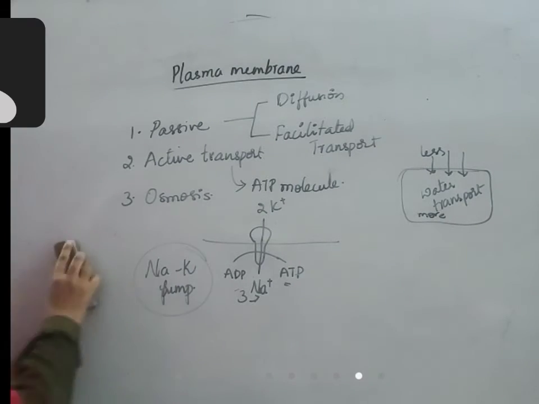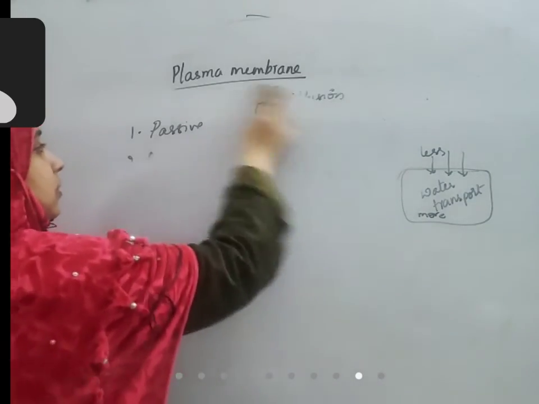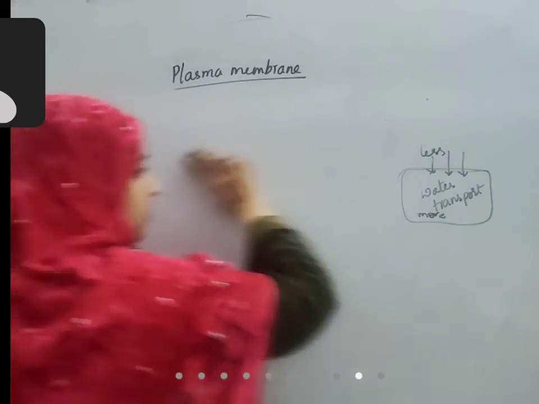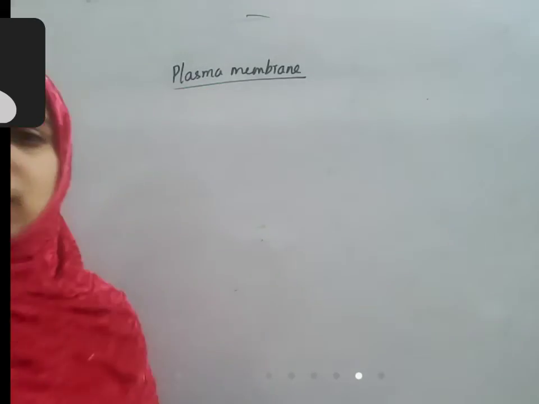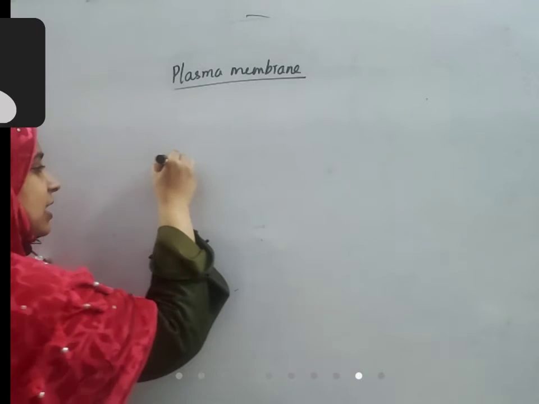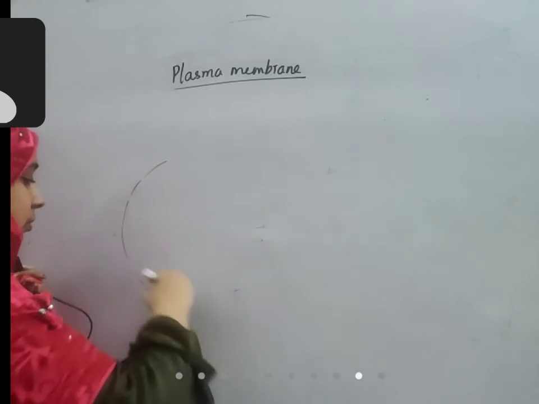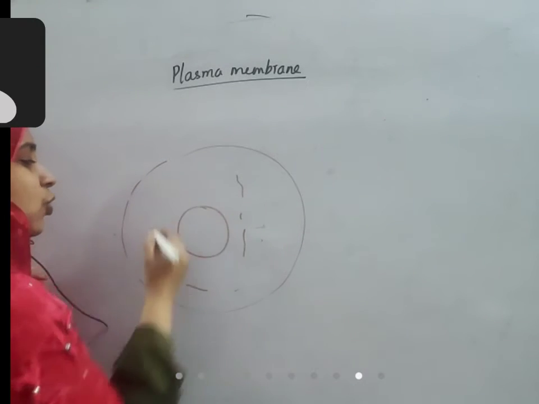Next, cytoplasm. The liquid that is present inside the cell is called cytoplasm.